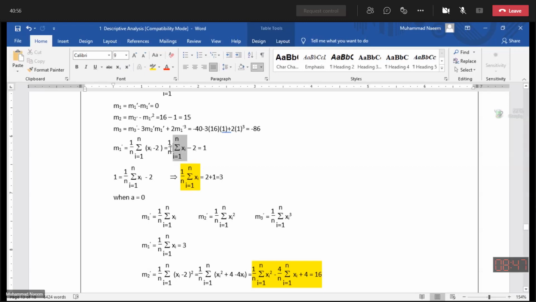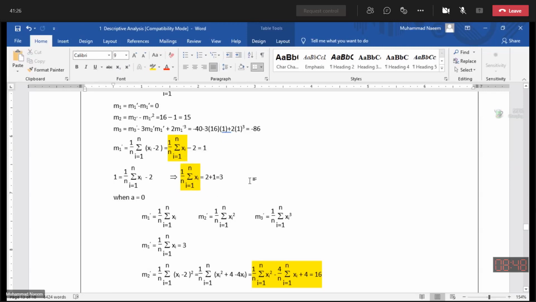Accept this one, shift all others to the right hand side. So we have 3 on the right. What is 1 over n sigma xi?